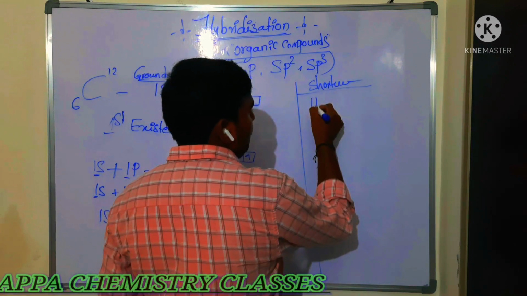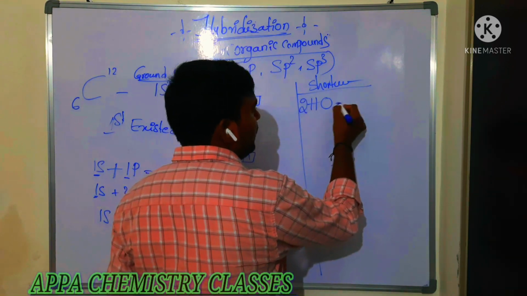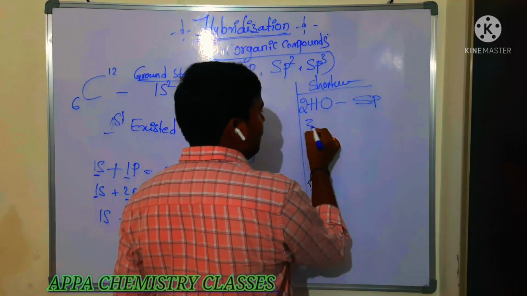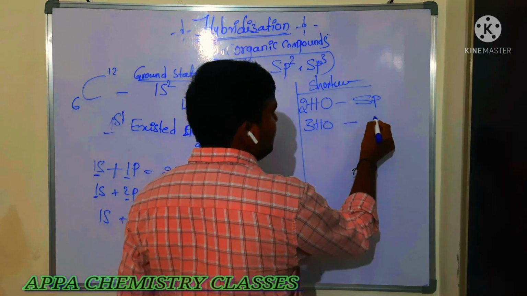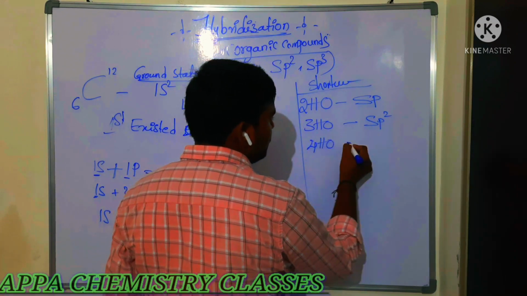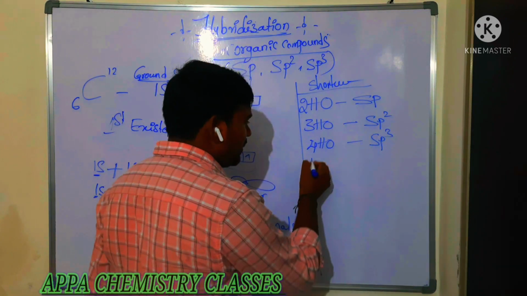Now, we should get the hybrid orbitals. If you have 2 hybrid orbitals, then its hybridization will be sp. If you have 3 hybrid orbitals, its hybridization is sp2. If we have 4 hybrid orbitals, it is sp3. How to identify hybrid orbitals here?